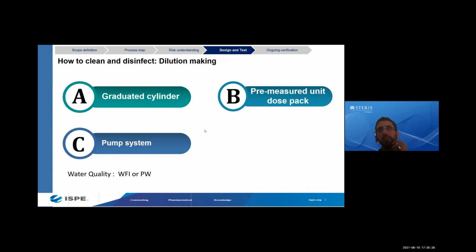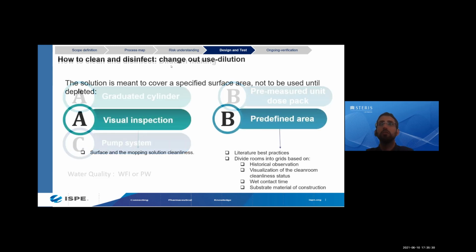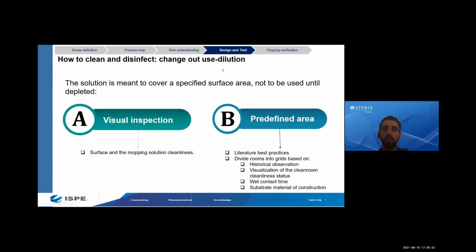Then also, after the dilution, the goal is to assess the change out of the use dilution. That would mean after how many square meters I need to replace the disinfecting solution that is in my bucket. And for that, you do have different types.